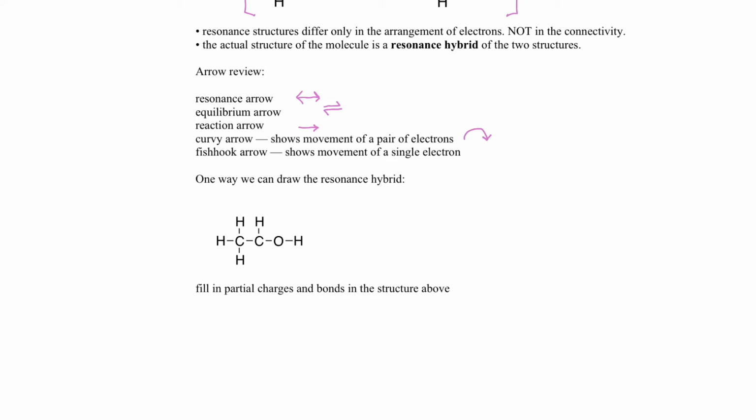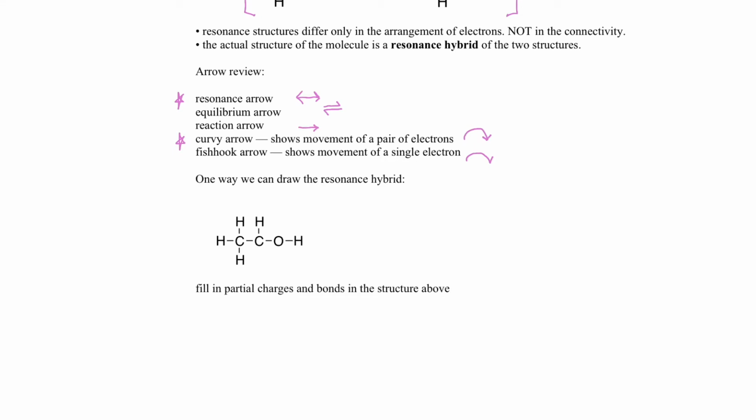Whereas with a fishhook arrow, it's the movement of a single electron. So you have a half head for that arrow. We're going to be seeing resonance arrows quite a lot, and we're going to see curvy arrows or curved arrows a lot in this course.